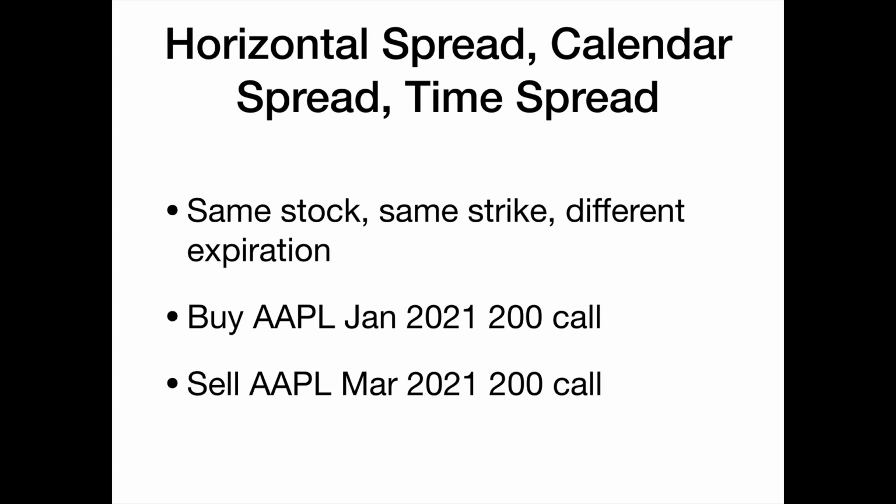And the only thing that's different is a different expiration. That's why it's called a calendar spread, because you're spreading between these two different months. In this case, the calendar spread is between Jan 2021 and March 2021. So that's what a horizontal spread is. Again, in a vertical spread, there's a spread between the strike prices. Horizontal spread, you can think of that as being time, the time axis being horizontal, and so there's a spread between the two expiration dates.